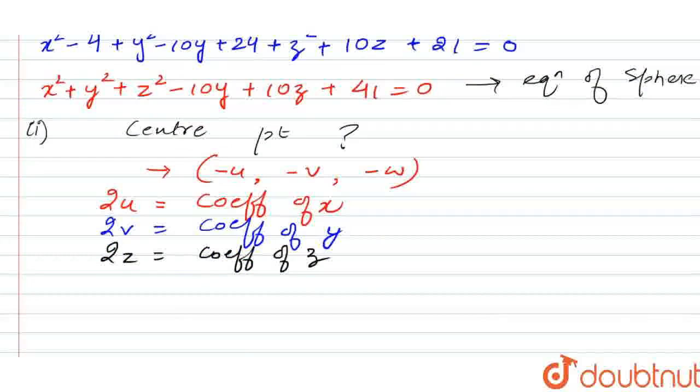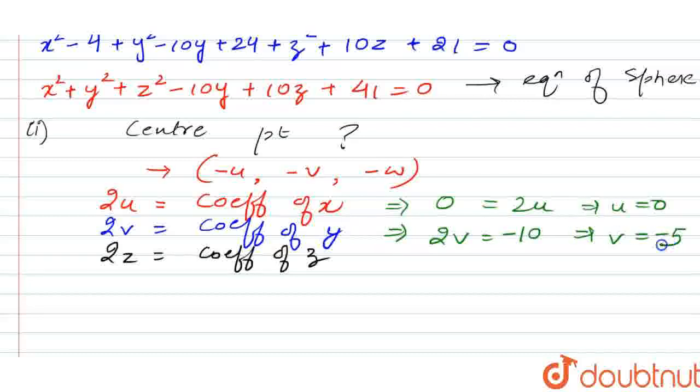From the above equation of the sphere, we can see that the coefficient of x is 0. So u will also be 0. From the above equation, the coefficient of y is minus 10. So 2v is equal to minus 10 and v will be equal to minus 5.